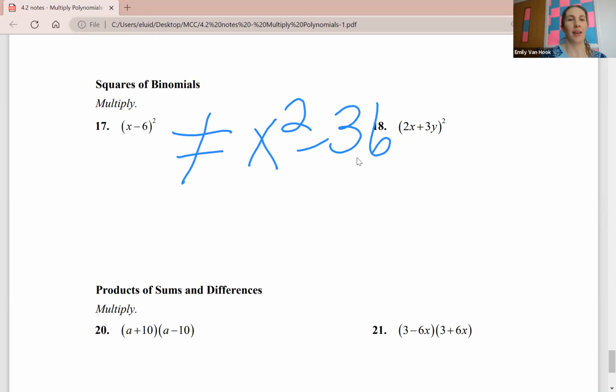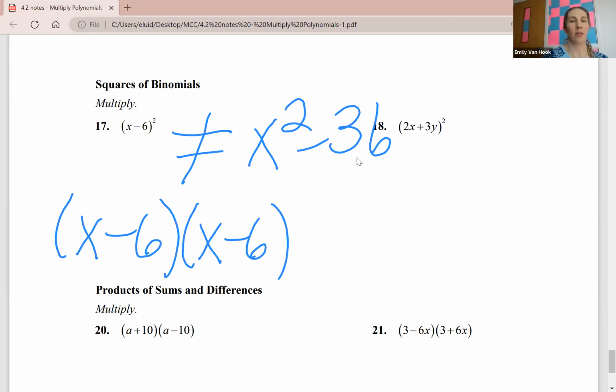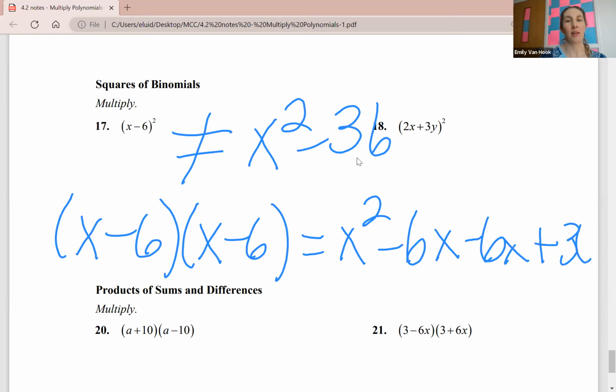No. You can't just square each piece individually. That's not what's going on here. So instead, write it twice, x minus 6, x minus 6. You get x squared minus 6x minus another 6x plus 36. So the final answer is x squared minus 12x plus 36.